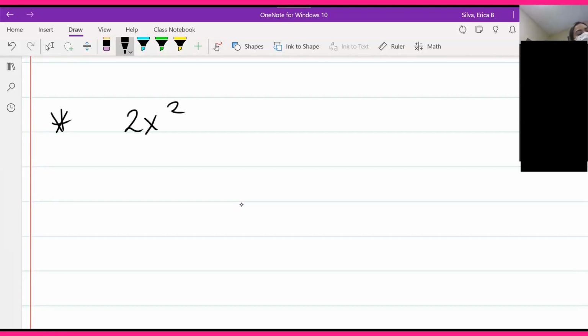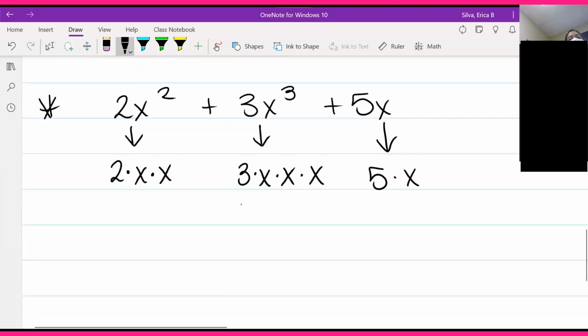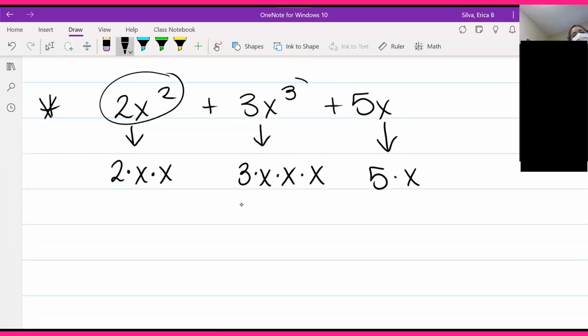What if we had 2x squared plus 3x cubed plus 5x? Now this means we have 2 times x times x, right? This one, we have 3 times x times x times x. And this one is simply 5 times x. Here we still have 3 terms. 1, 2, 3.